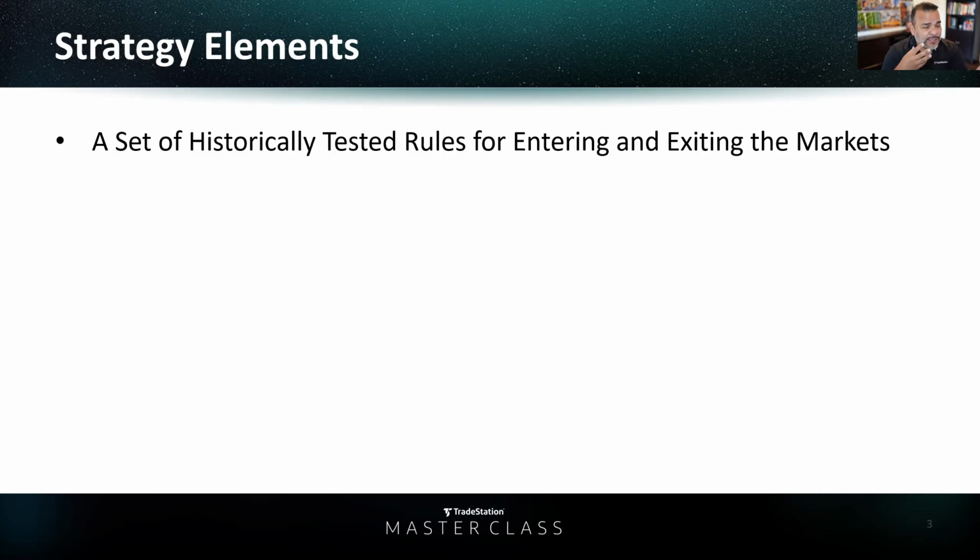So strategy trading is just a set of historically tested rules for entering and exiting the markets. So this is pretty much automated trading, where you tell a computer exactly what your rules are to enter and exit a trade, and the computer will do the trading for you.